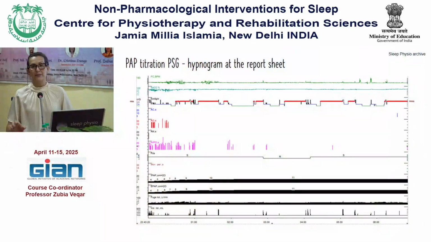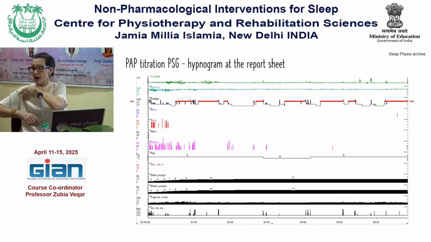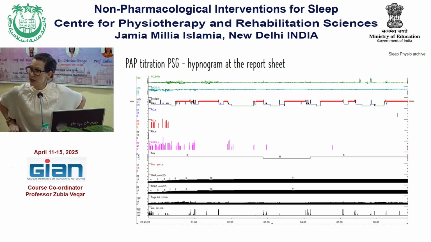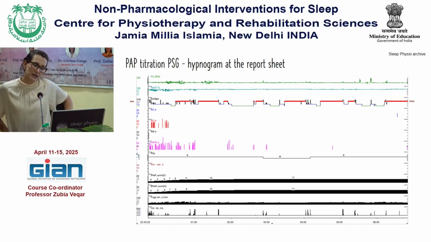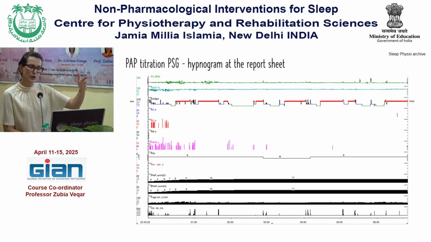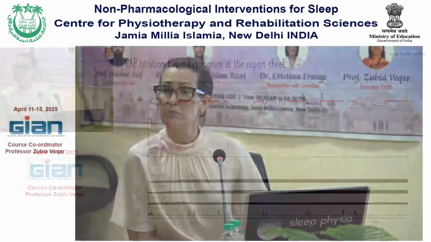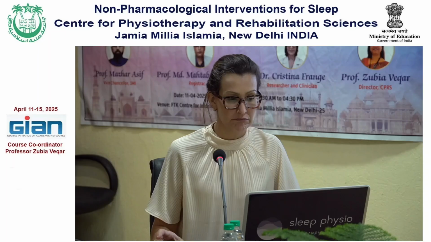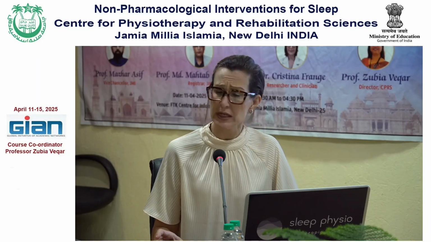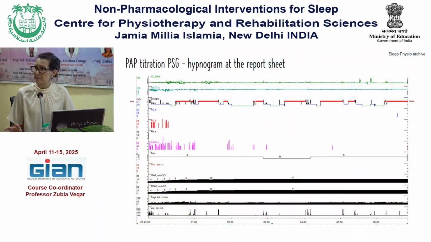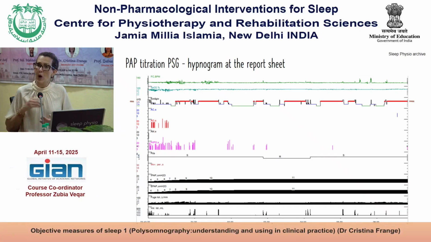Sometimes we have these reports, and I always try to treat my patients with the least pressure that I can. So in this case, I would look at this hypnogram and say, maybe 10 centimeters of water is okay, isn't it? It looks like it.